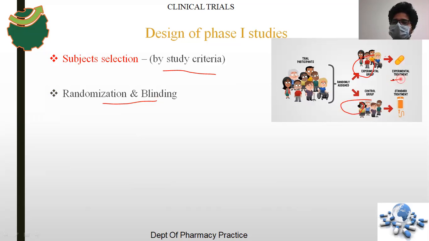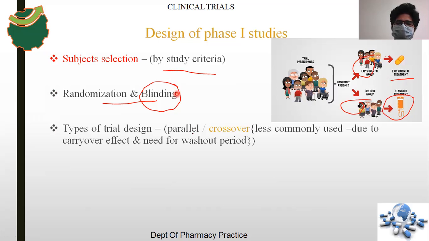To one you are going to give the experimental treatment, and to the other you are going to give a standard treatment, meaning if there is a treatment already existing for the disease condition, we are going to check against this. And blinding means you are not going to tell the people whether you are giving the test drug or the standard drug, meaning whether you are giving a placebo or a drug treatment.